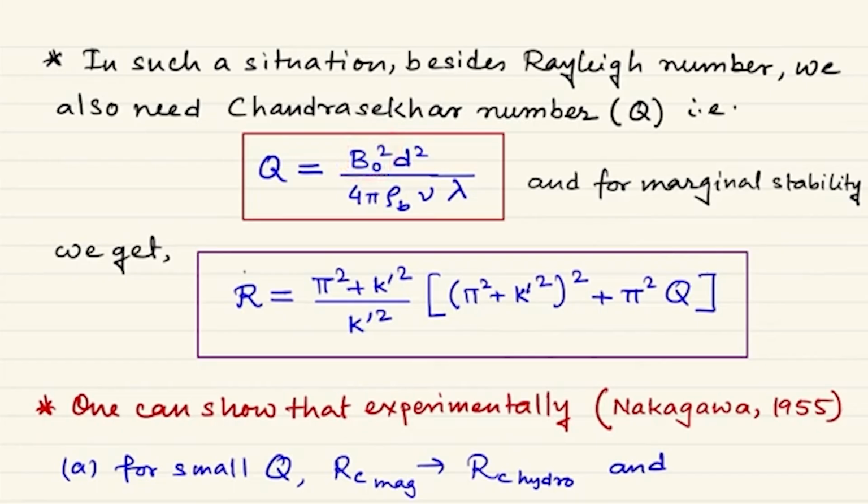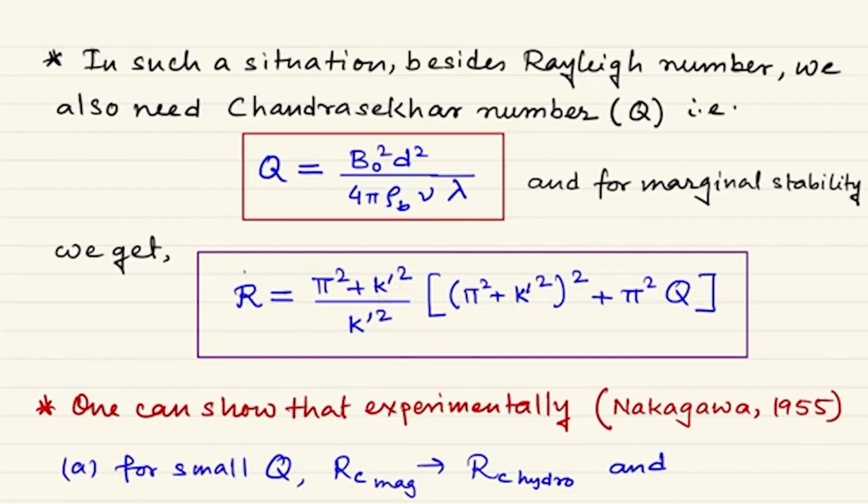Okay, so you see that this Q, it's a very small and elegant home task to just verify that this is a dimensionless number. If this Q is 0, then of course we have the normal RBC condition. But if it is non-zero, then for marginal stability, the marginal Rayleigh number is related to the dimensionless wave number.